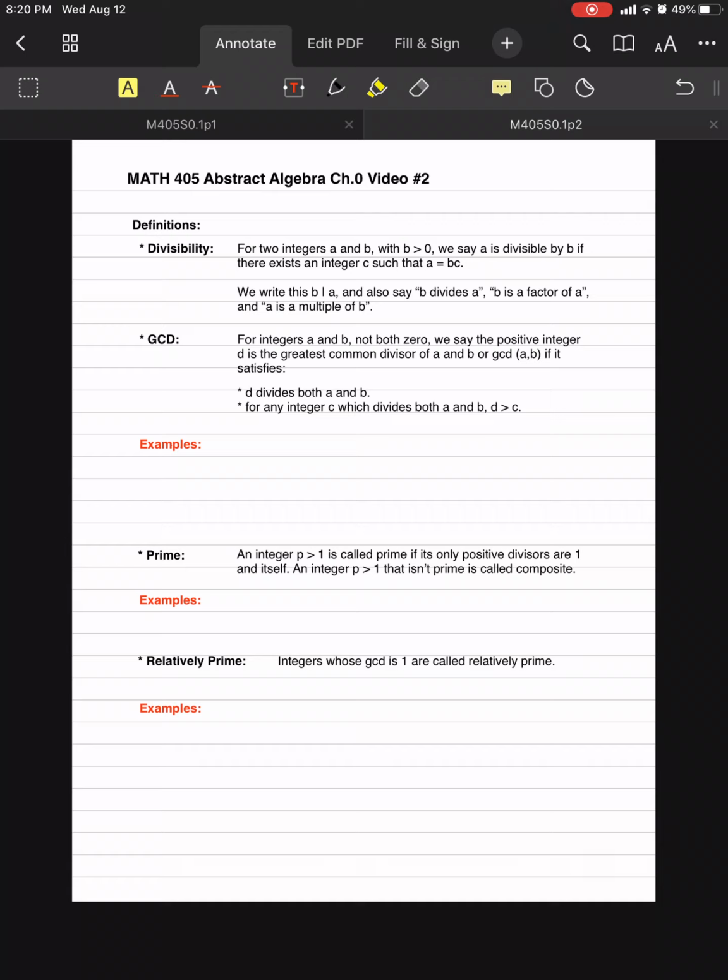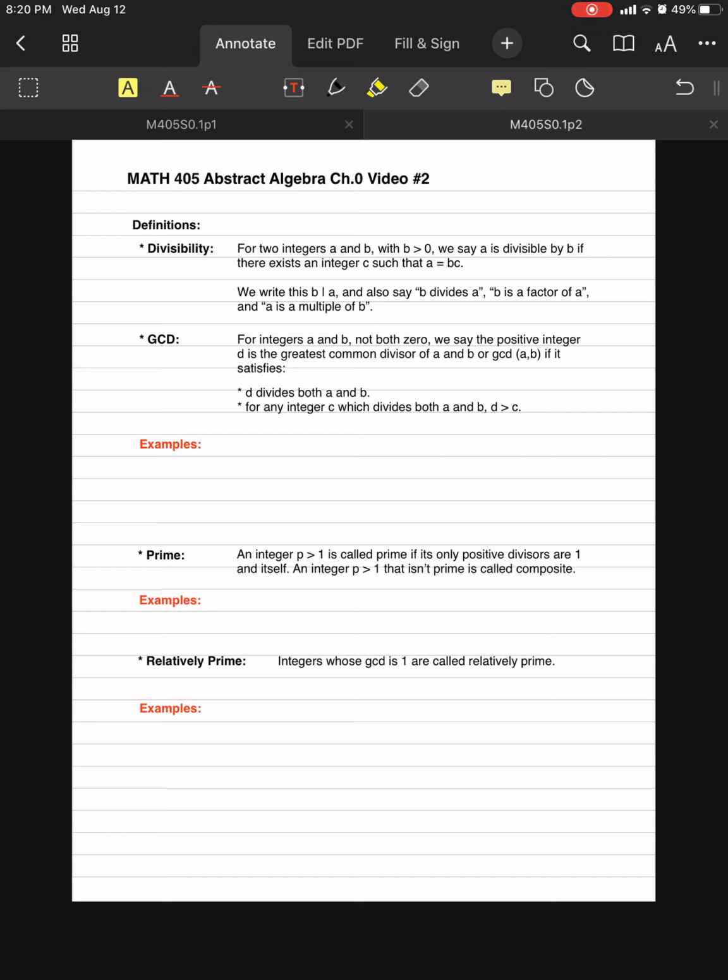So these aren't going to be hard definitions to understand, but part of the point of this section is making sure you understand why we define things the way we do and how we take our knowledge of what things actually mean in practice and put those in a precise way in which we can use it later in proofs to prove more complicated results. So that's the reason for this.